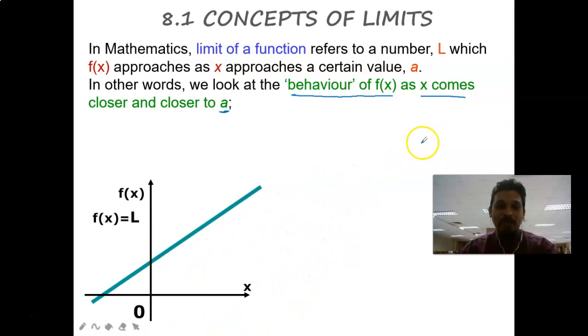Just look at this here. f(x) equals L, x equals a. f(x) here may also be defined as the y-axis.